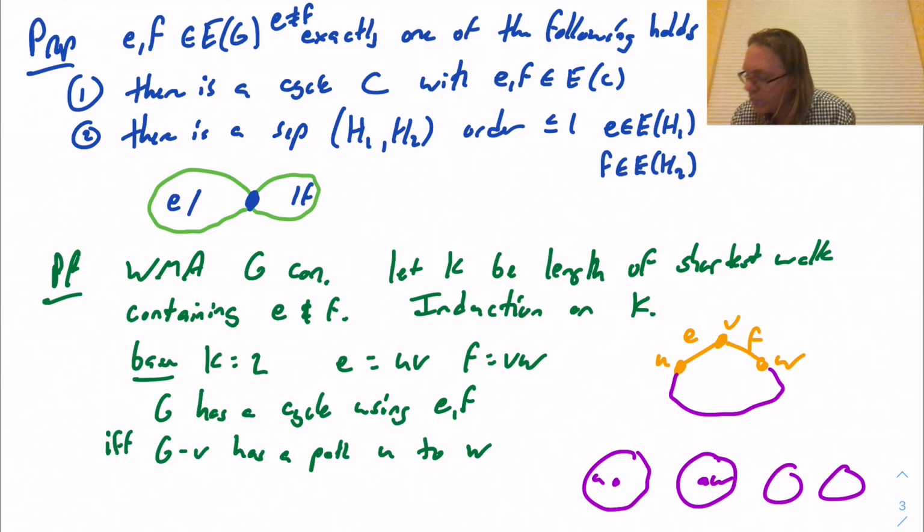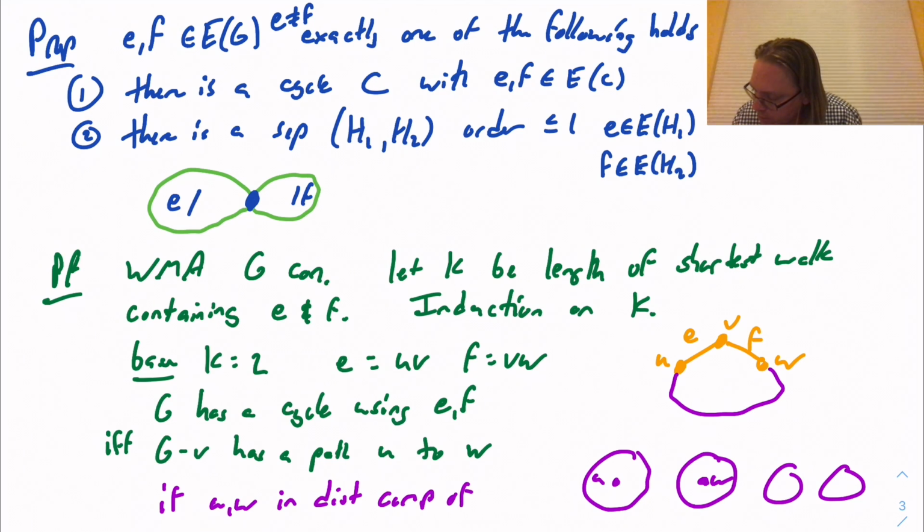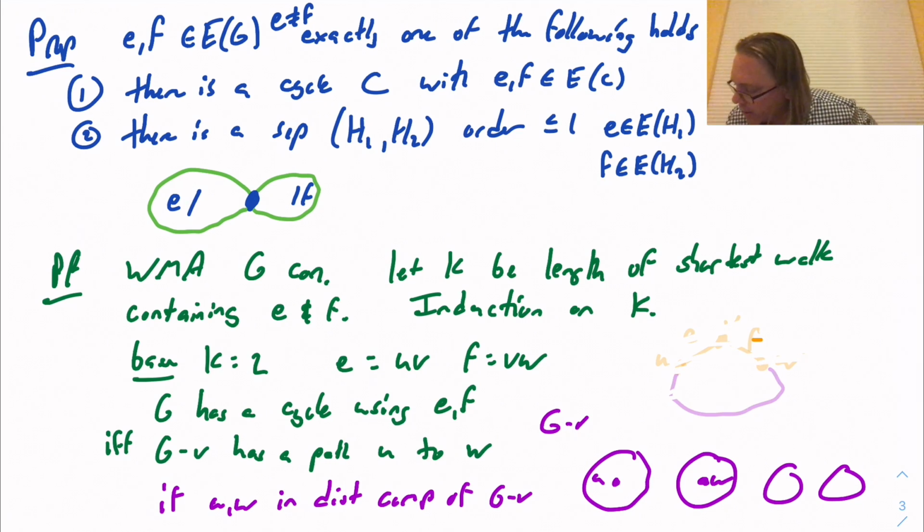So I'm supposing here that the only remaining case is, let's say, U and W in distinct components of G minus V. Right, now I'm going to draw G minus V, and maybe I'll have to erase this part up here for now.